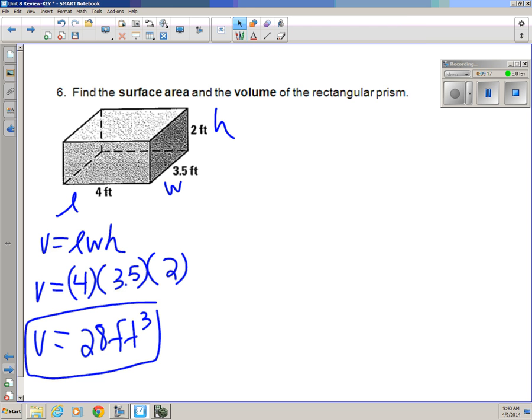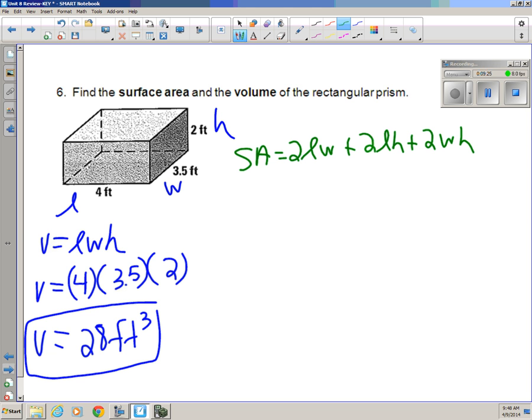Surface area, they do give you the formula. Surface area is 2LW plus 2LH plus 2WH, which means 2 times 4 times 3.5, and this one ends up being 28. I'm just going to do this separately. Then we need 2 times L and H, which is 4 times 2, which is 8, times 2.